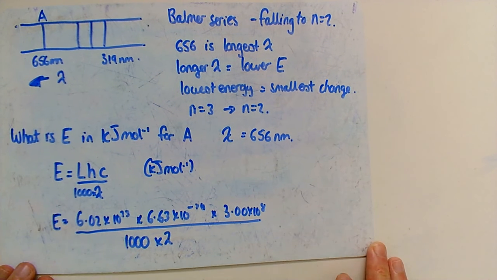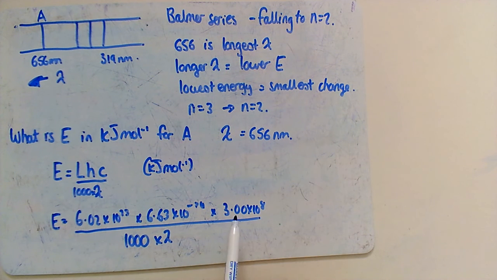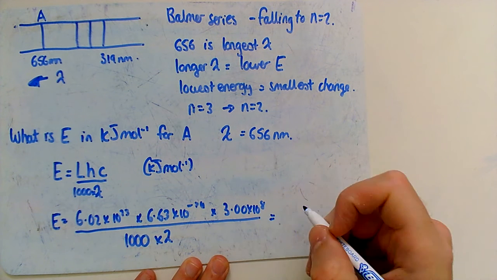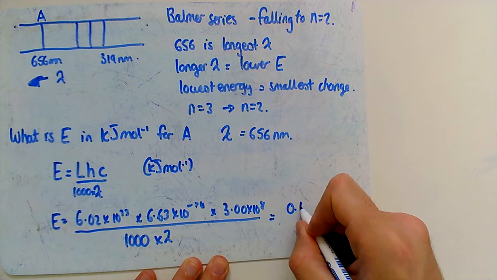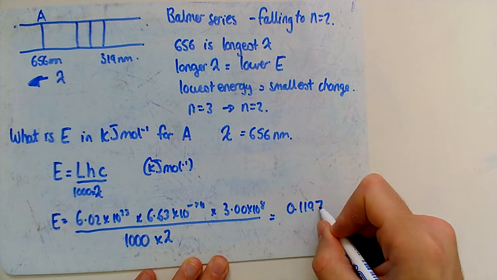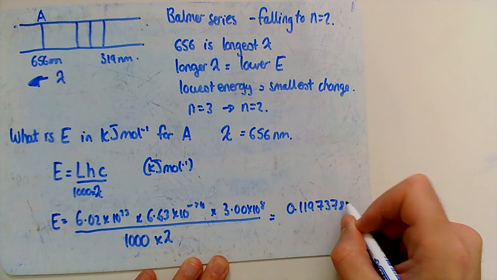When you multiply these constants all together, you get an exact number. It's not a recurring decimal, it's an exact number. It is 0.1197378.